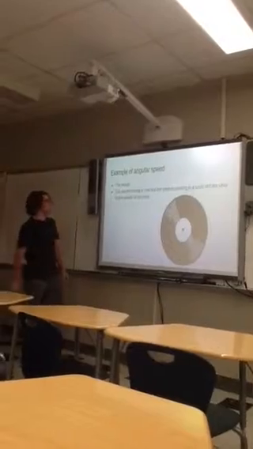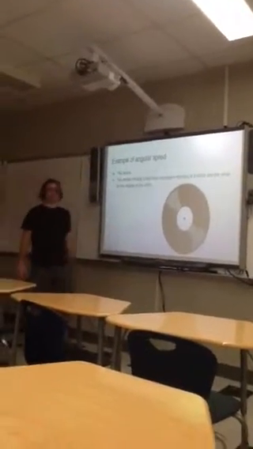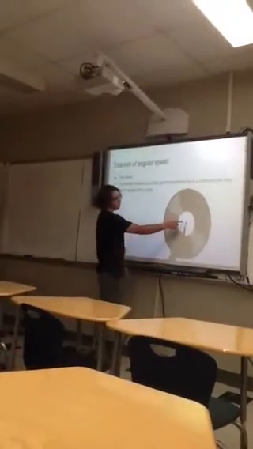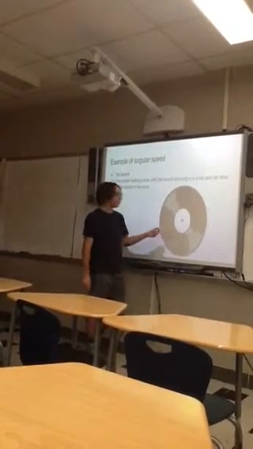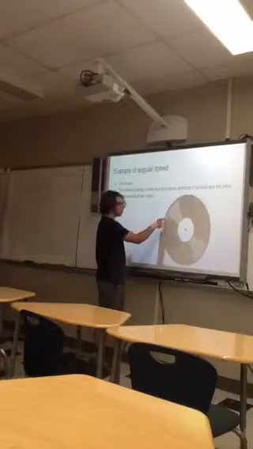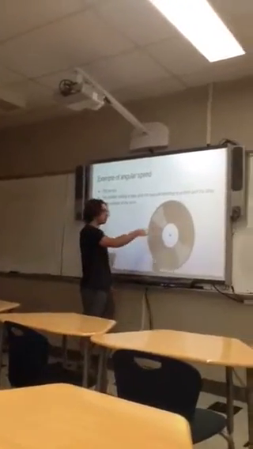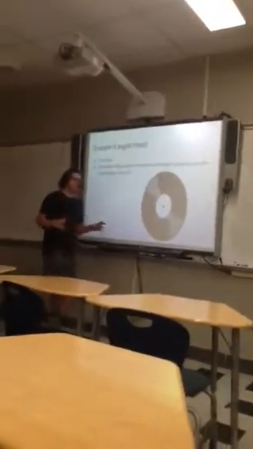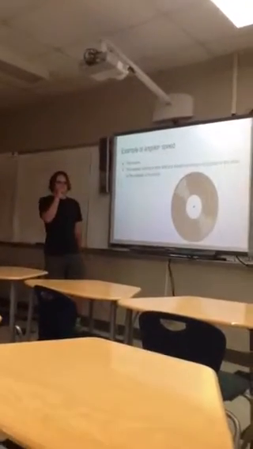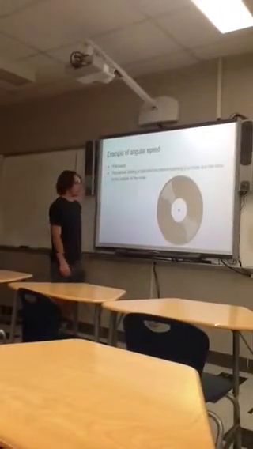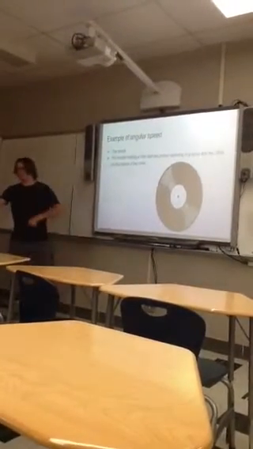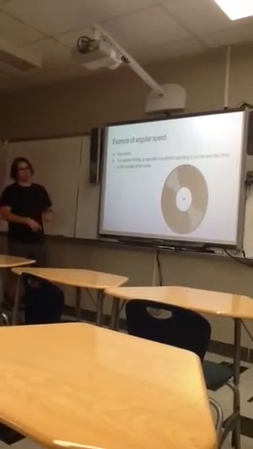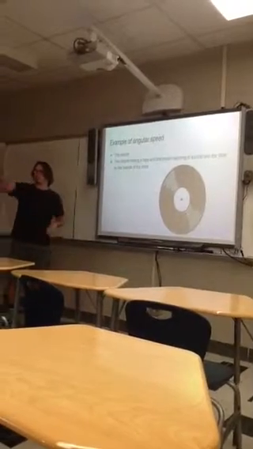So an example of angular speed is like a record. So this part here, if it's spinning at 360 degrees per second, this part out here is also moving 360 degrees per second. So it doesn't matter where you are on the circle, it's moving at the same angular speed all the way around. Another example is when two people are holding the rope and one person's spinning and the other person's on the outside getting thrown really fast.